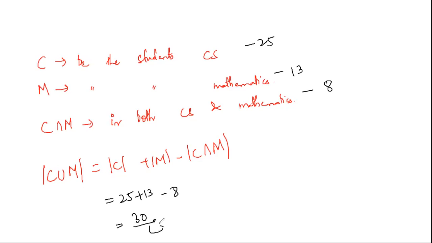Therefore, totally there are 30 students in the class. This can also be represented by a Venn diagram. A graphical representation of sets is known as a Venn diagram, and you can represent it by using a Venn diagram also.